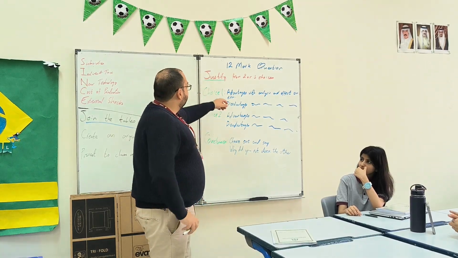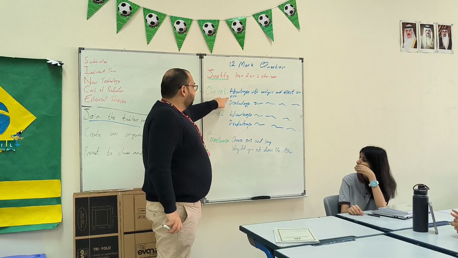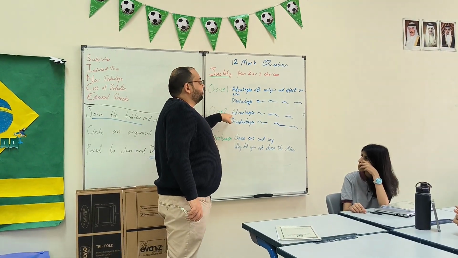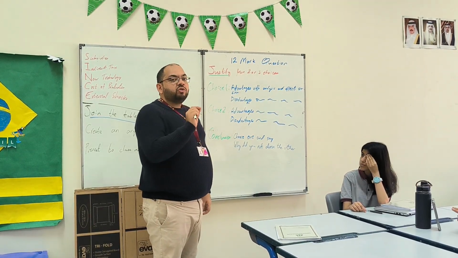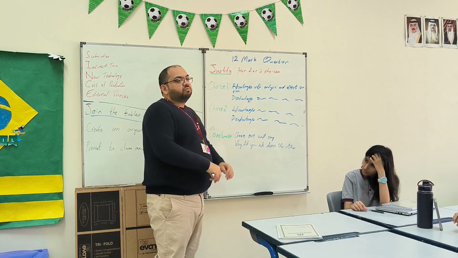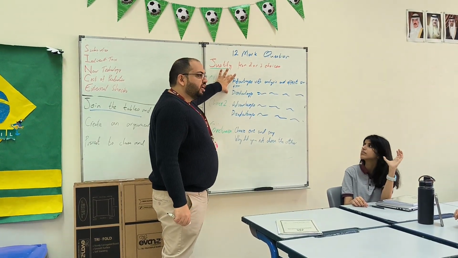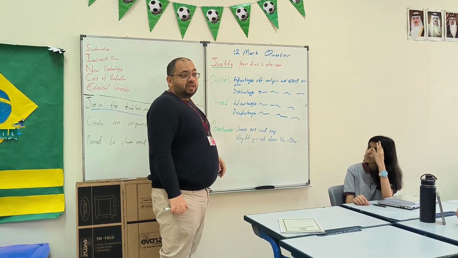If, for example, you've given advantages and disadvantages really well, but in this question you only gave advantages and no disadvantages, the maximum mark you can get for that is 8 only. So it is important for each section that you have both advantages and disadvantages. Do you understand that? Yes.